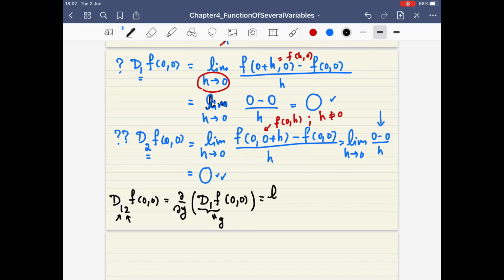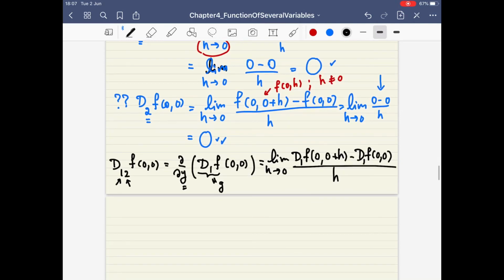It is a limit as h goes to 0 of g, and the change is in y, so it is 0 0 plus h, let me just make it clear, and then minus g at this point 0 0 over the change h.